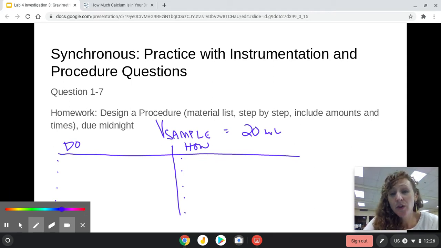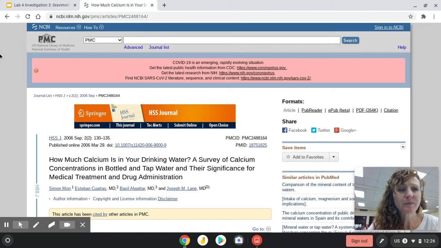So a third way we could approach this is we can go do some research and try and figure out how much calcium is probably in our tap water. And I actually Googled that exact phrase, and I found this paper. It's listed on the NCBI website, in the National Library of Medicine and the National Institute of Health.